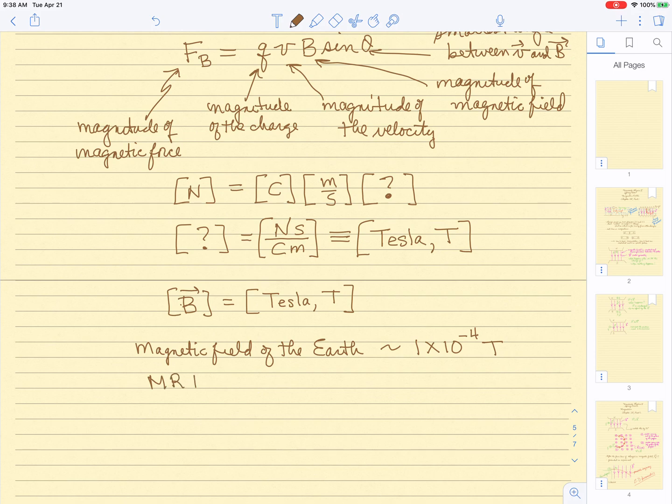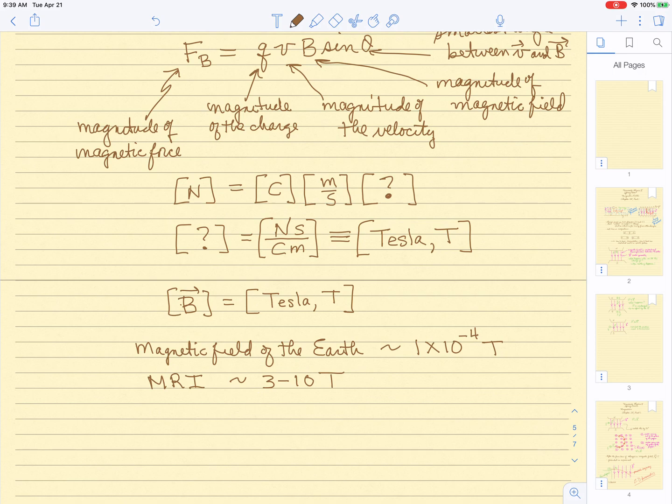If you were to actually go into an MRI, the magnetic fields for those could be 3 to 10 Tesla. So they're very strong magnetic fields.